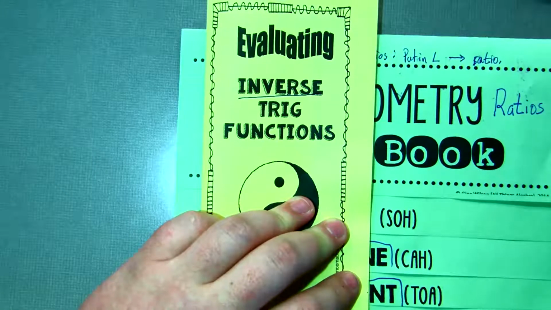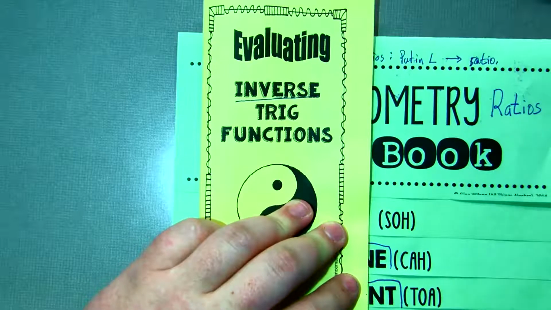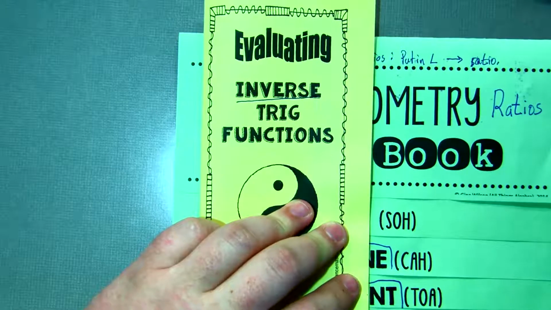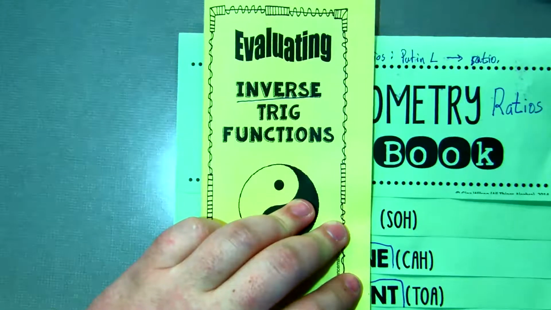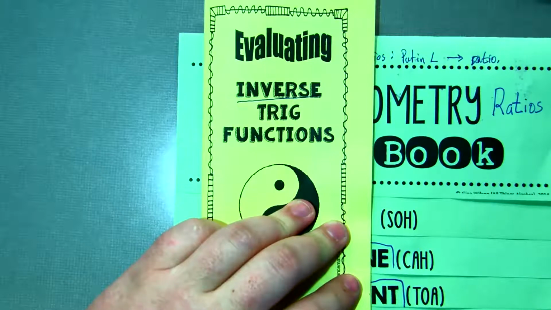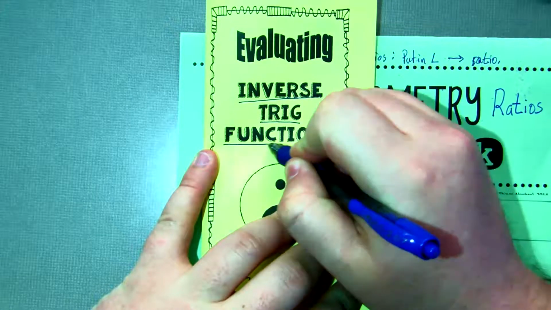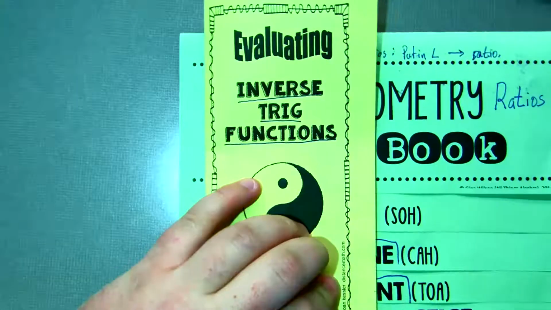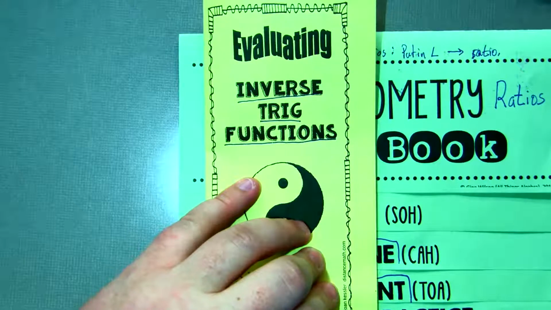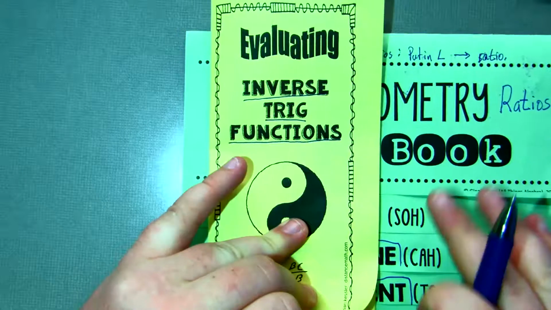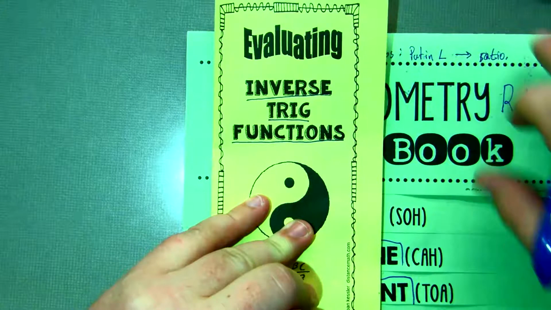Feel free to shout it out or message it in the chat. Very nice. So I see it from a couple people now. Division. So inverses undo things. And we are going to talk about our inverse trig functions. So these are going to let us cancel out our trig functions. And we're going to work a couple different examples of these, and we'll work quite a few examples today.